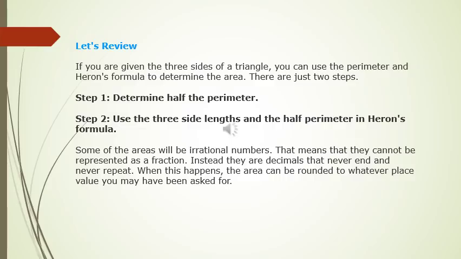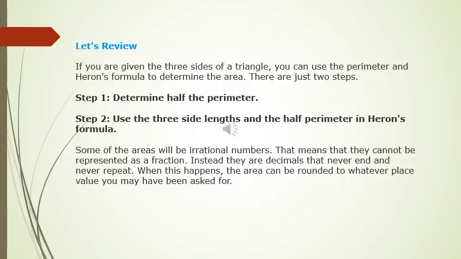We are already aware of finding the area of a triangle when the base and height are given. In Heron's formula there are only two steps: first we find the semi-perimeter, and then we substitute the values of the semi-perimeter and the sides to find the area of the triangle.